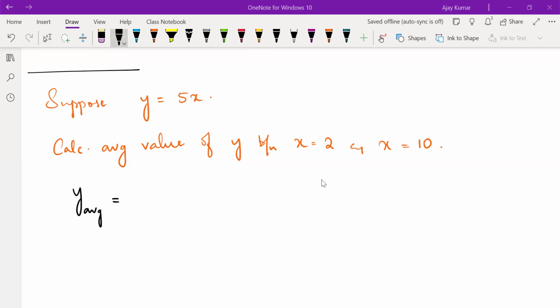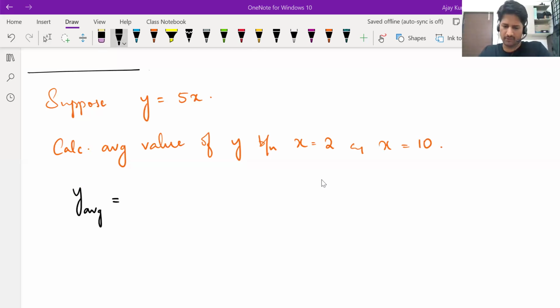Sir, is the answer 48? We'll see. 48. Isha, what is your answer? Okay. Rishi, how did you calculate?